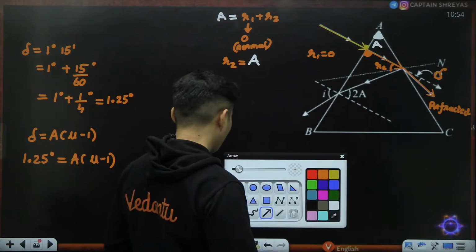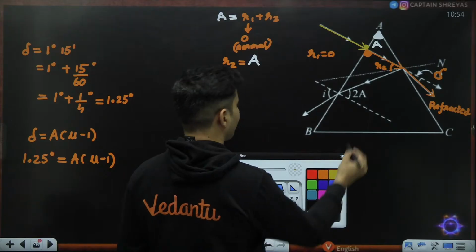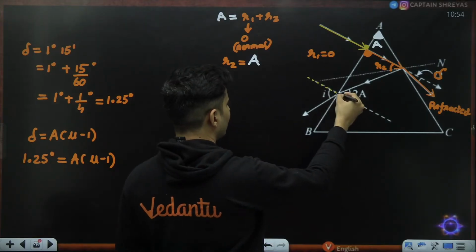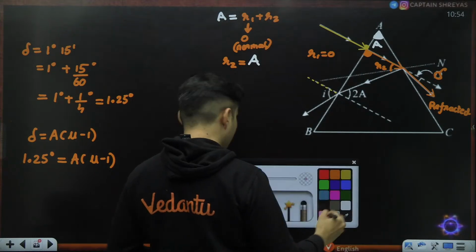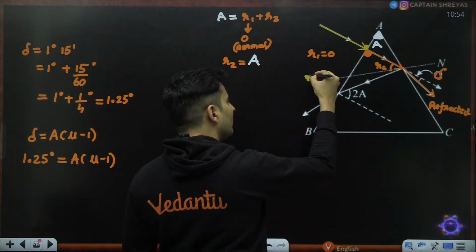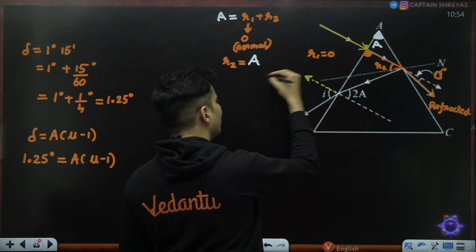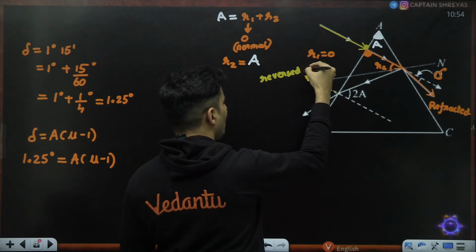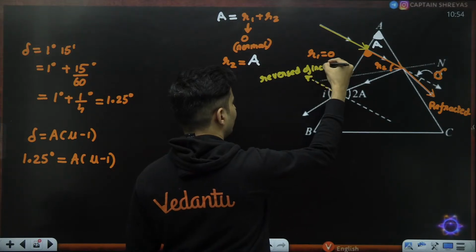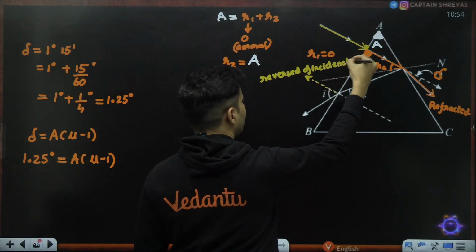If I draw a normal over here, this will be parallel to the incident direction, and then this will be the reversed direction of the incident ray.